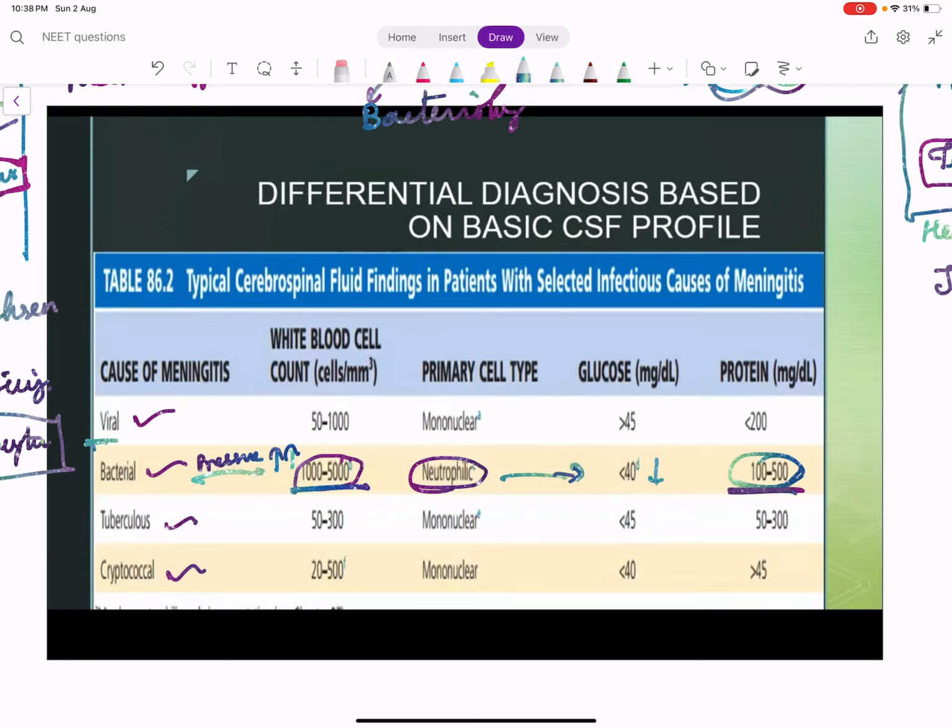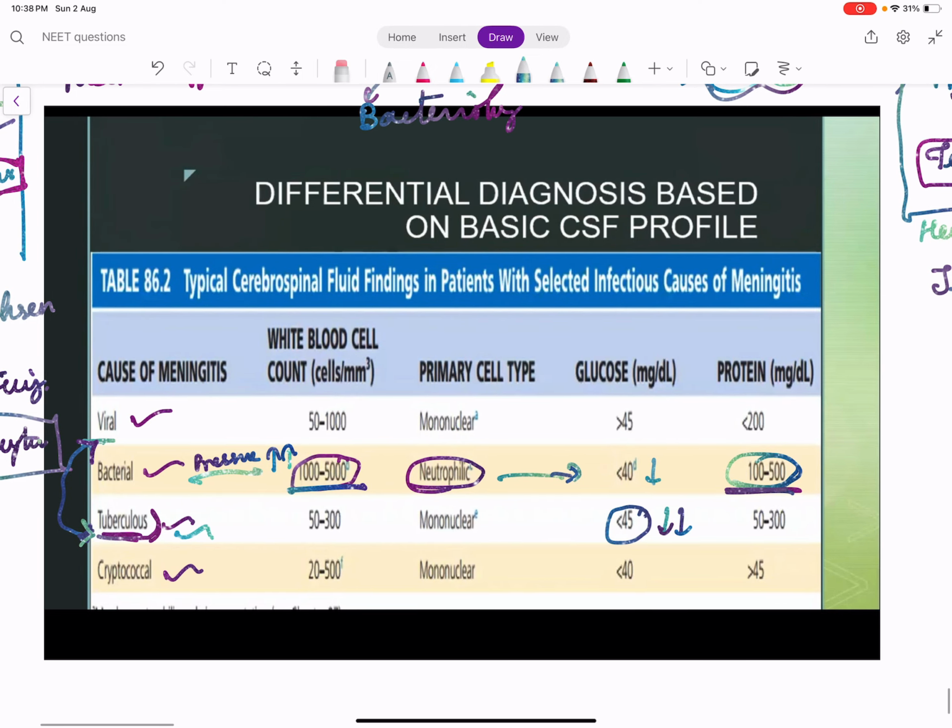Now we will see viral and tuberculous. Tuberculous is also a bacteria. So since it is a bacteria, glucose will be low, right? Because the bacteria consumes glucose. It is a bacteria, so proteins will still be high, right? So white blood cell count also will be high. Even though it is not in the range of bacterial, white blood cell count will be high.